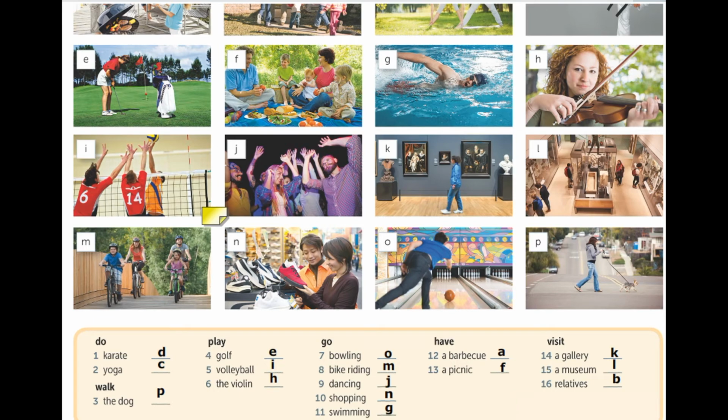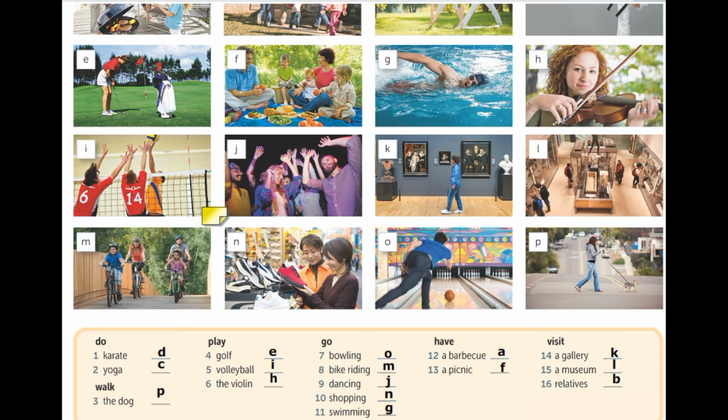Number 4, 5, and 6, we have two sports, golf and volleyball, and the violin, that is a musical instrument. Which verb do we use with these activities? We use play. So you say in number 4, play golf, letter E, play volleyball in number 5, letter I, and in number 6, as you can see, letter H, the woman is playing the violin.